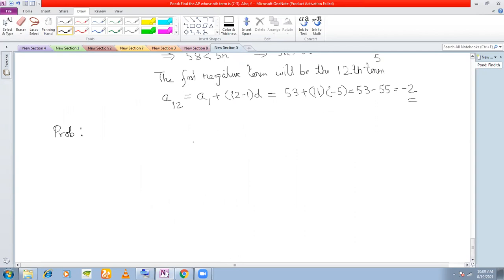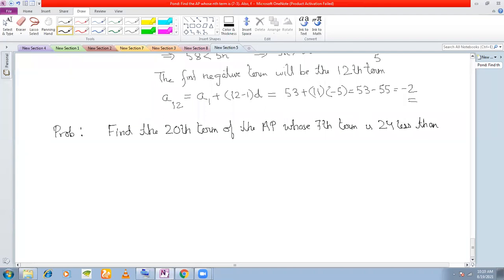The next problem is: find the 20th term of the AP whose seventh term is 24 less than the 11th term, first term being 12.